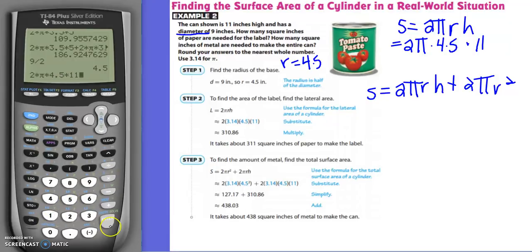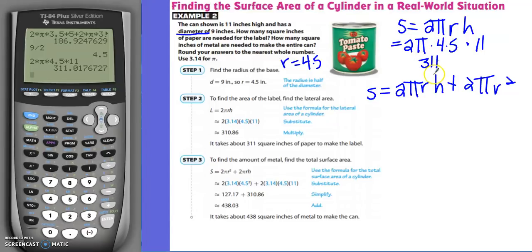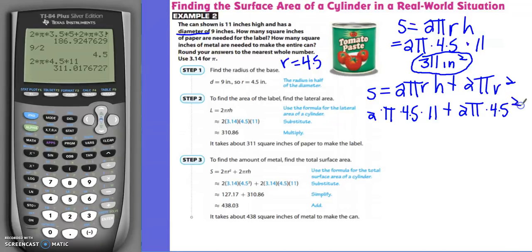We round to the nearest whole number, so we'll call that 311, and inches squared. That's the lateral. Okay, the total, 2 times pi times 4.5 times 11 plus 2 times pi times 4.5 squared.